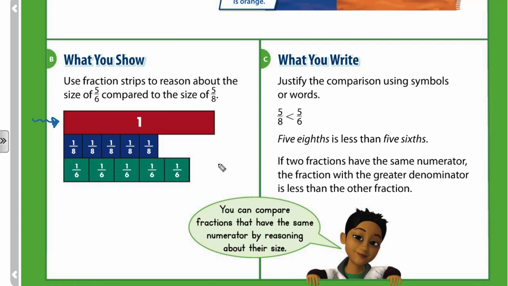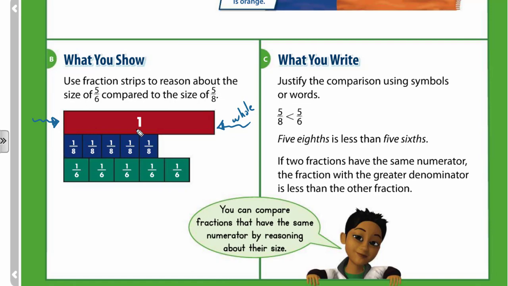Because we need to know that we are comparing fractions relative to the same whole. So this is the whole. The whole scarf. Do you know the scarf? The scarf that we wear on our necks when it's cold.